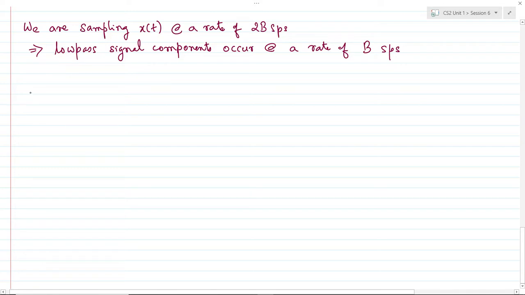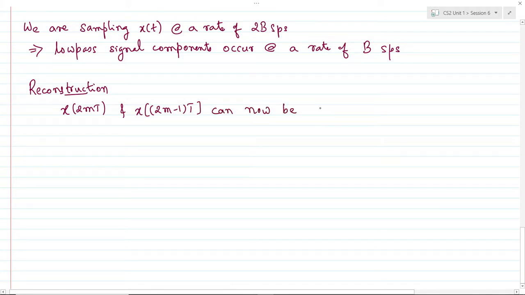That means x of 2mt and x of (2m minus 1)t can now be used to reconstruct the equivalent low pass signals xi of t and xq of t. Once we obtain xi of t and xq of t, we can get back the original bandpass signal based on these signals respectively.